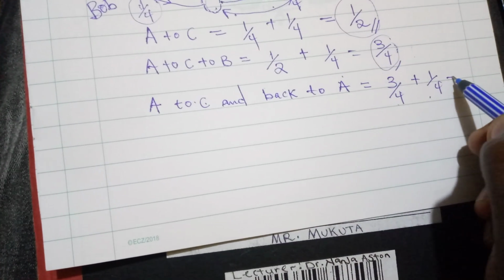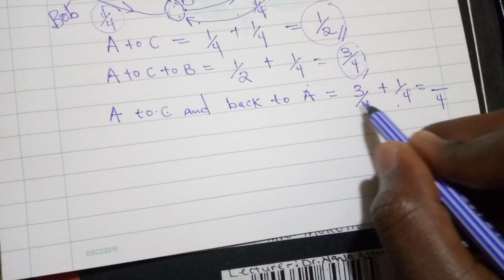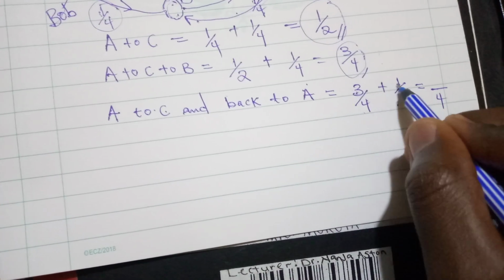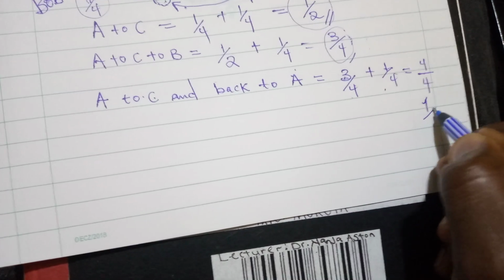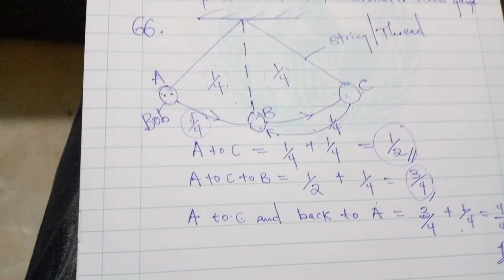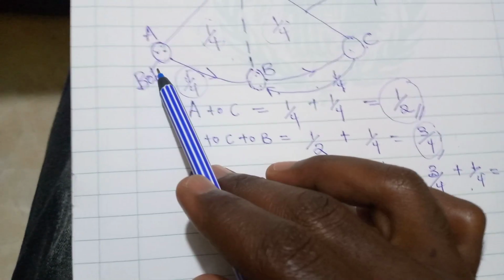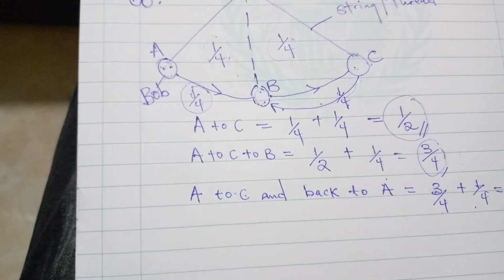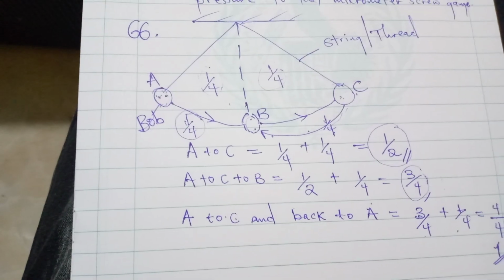The common denominator there is 4. And then when you add the numerator, that is 4 over 4, which is 1 complete oscillation. So whenever a bulb moves from that point to that point and back to its original position, it makes 1 complete oscillation. So from there we can start answering.